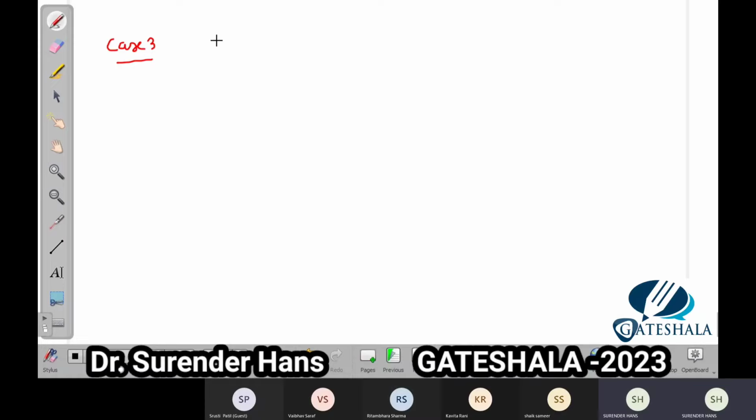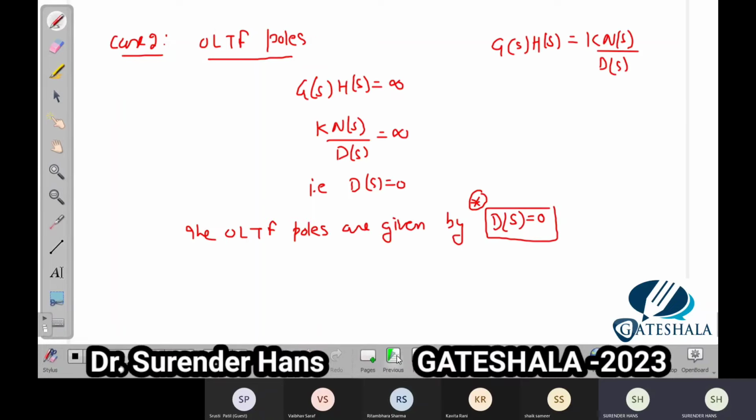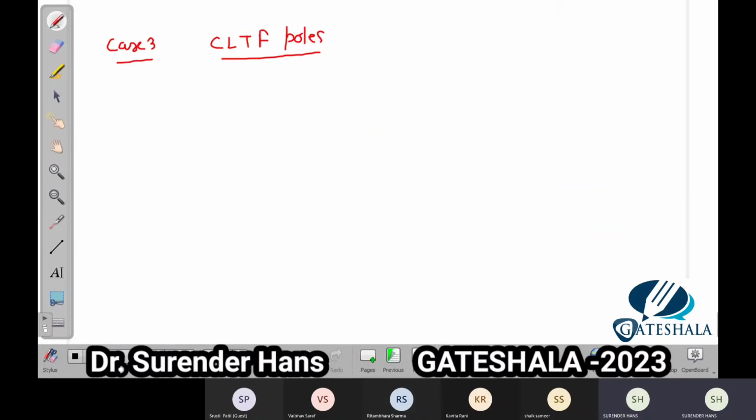case is, it is very important, the closed loop transfer function poles. So the first one is open loop transfer function zeros, second is open loop transfer function poles, and third one is closed loop transfer function poles.